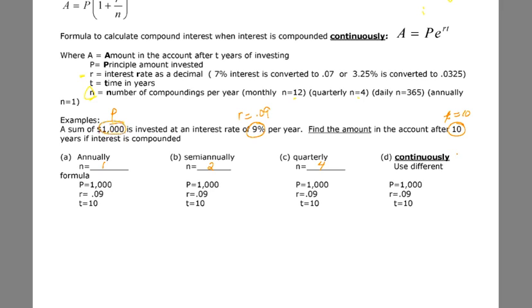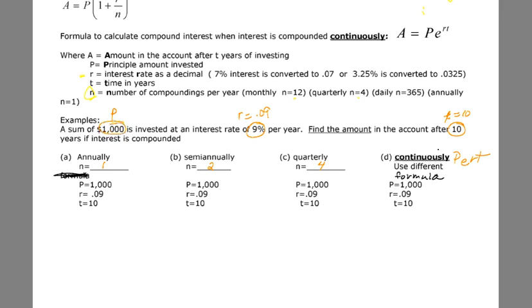So if they say continuously, in my mind I say, okay, I'm using the PERT formula. This word formula actually should have been under here, which says use the different formula. So continuously says, all right, switch modes, use the PERT formula.